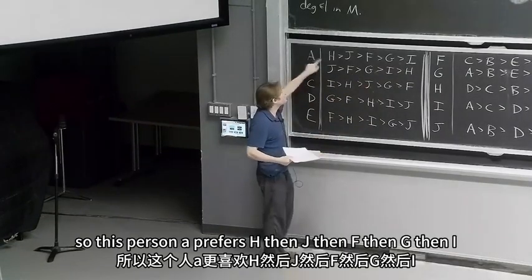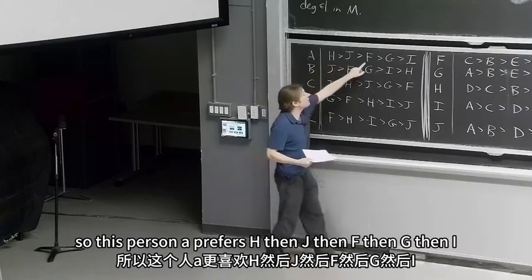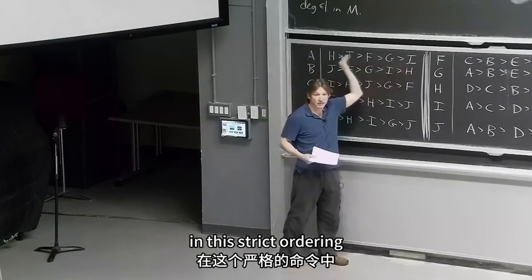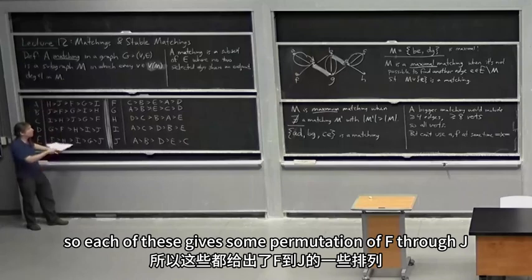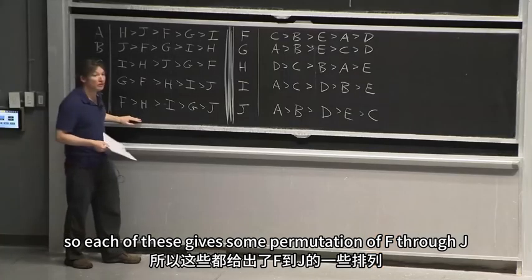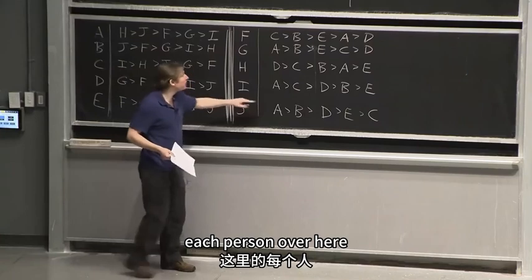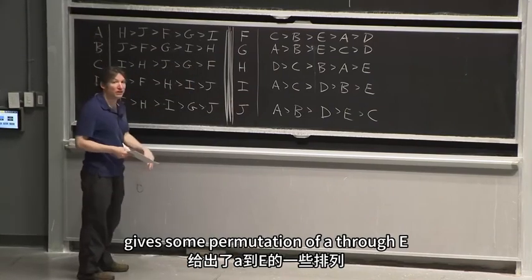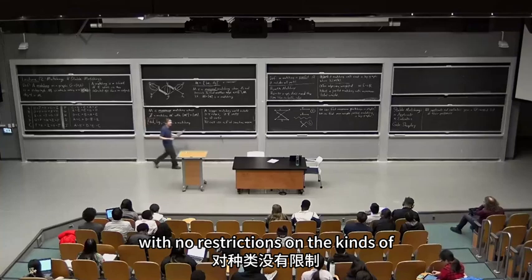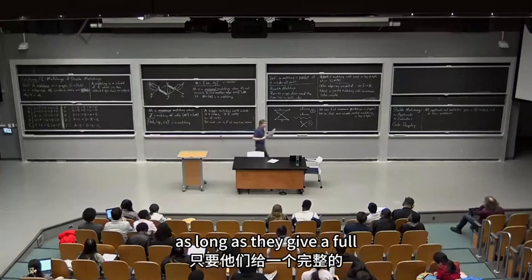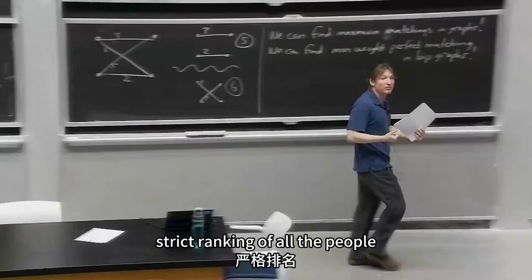So person A prefers H, then J, then F, then G, then I, in this strict ordering. Each of these gives some permutation of F through J. Each person over here gives some permutation of A through E, with no restrictions on the kinds of rankings that are allowed, as long as they give a full, strict ranking of all the people.